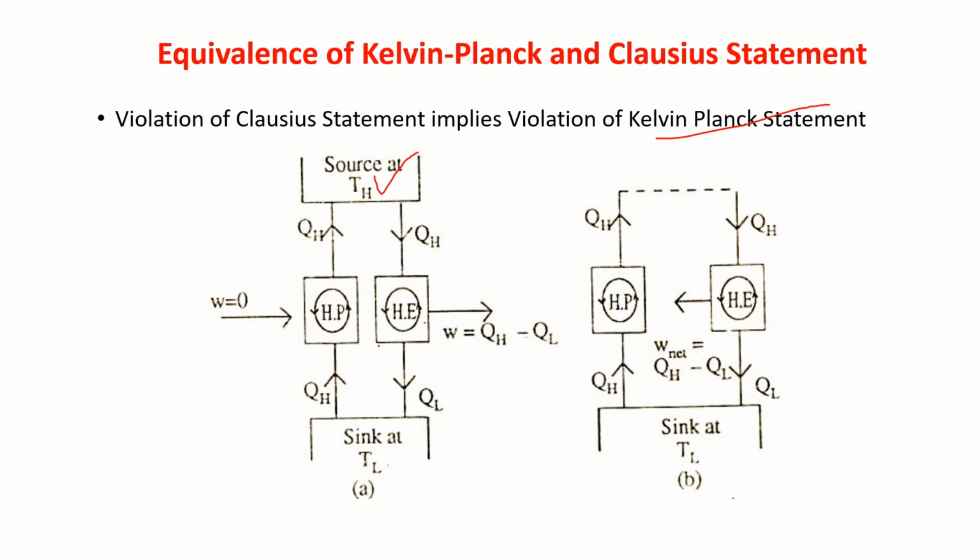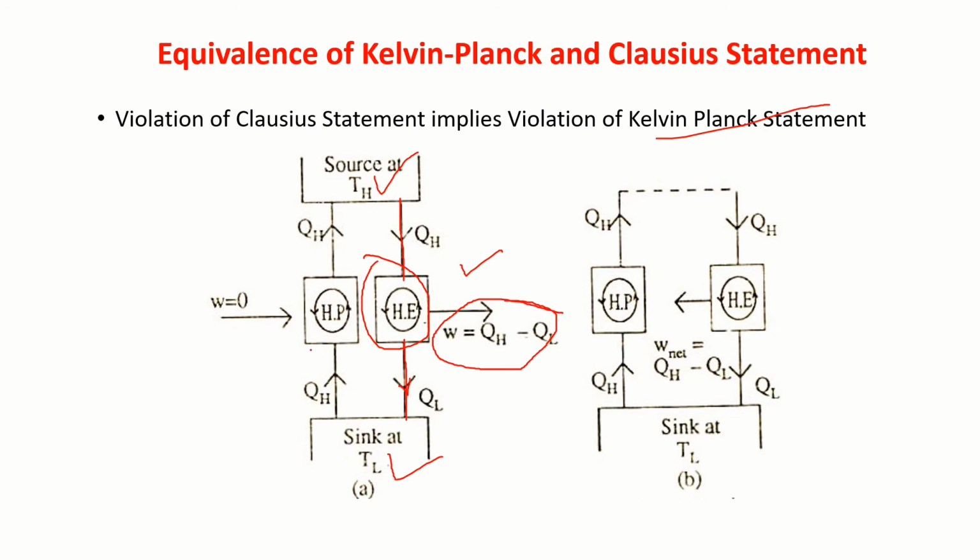There is a source, a sink, and a heat engine. This heat engine is taking heat QH from the source, rejecting heat QL and producing a net work QH minus QL. Perfect. It is not violating the Kelvin-Planck statement.